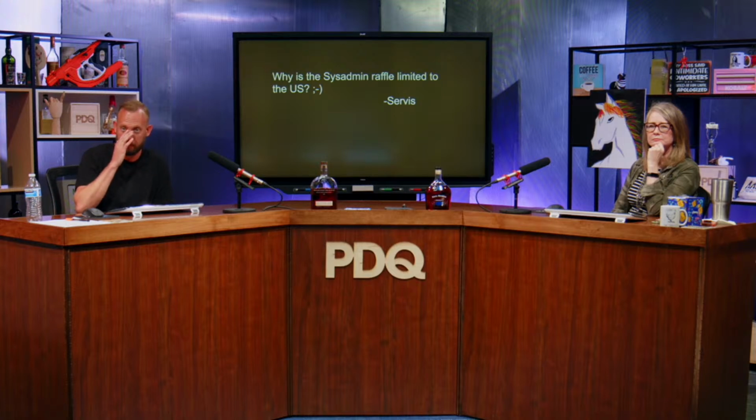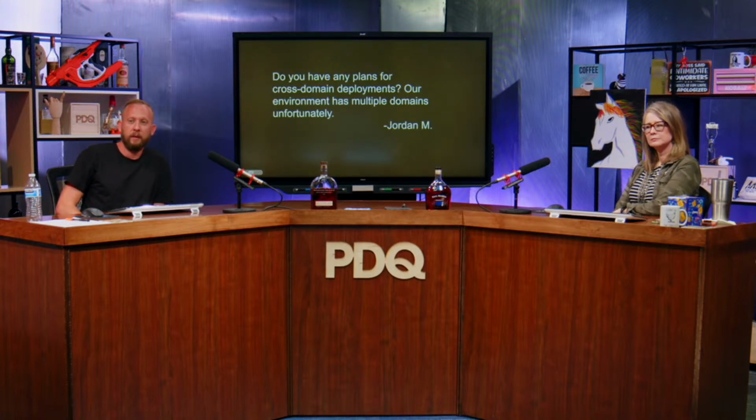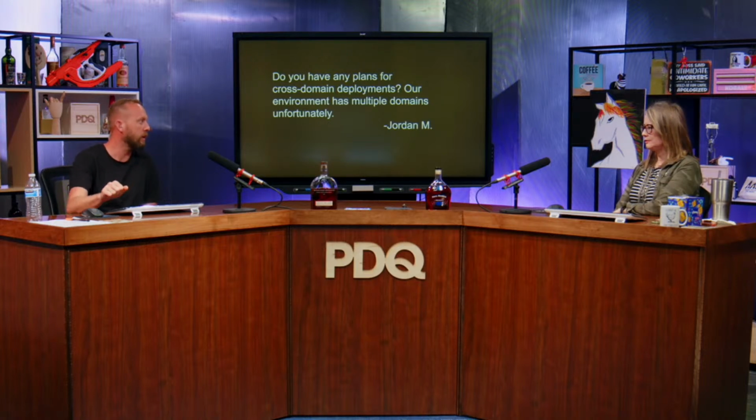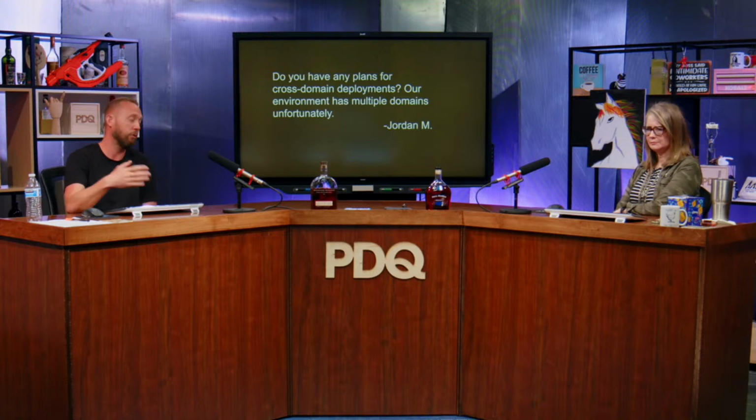So, next question. Do you have any plans for cross-domain deployments? Our environment has multiple domains, unfortunately. Sincerely, Jordan. Jordan, I'm assuming, is that our Jordan? Use Connect. I was going to say, are you using Connect? Because then there's your problem. Yeah, use Connect. Done. The domain's out of the picture. If you want to use Deploy and Inventory, great. Go ahead and use it.